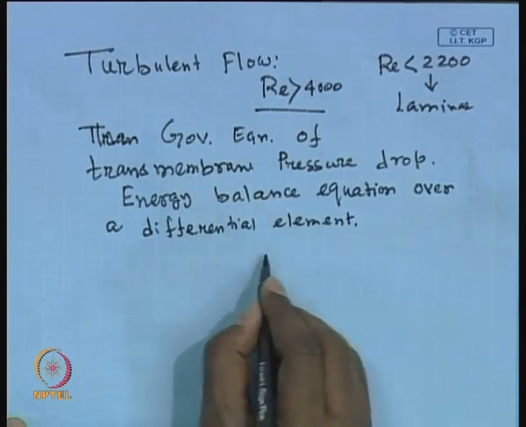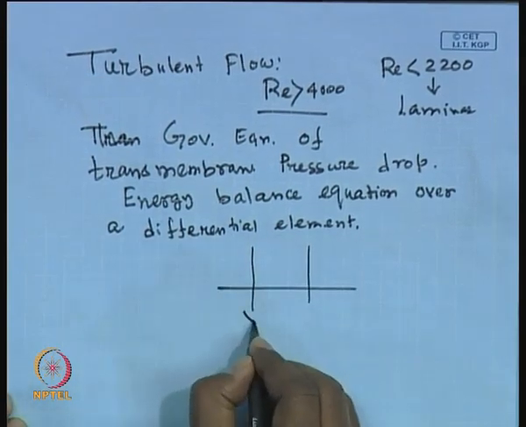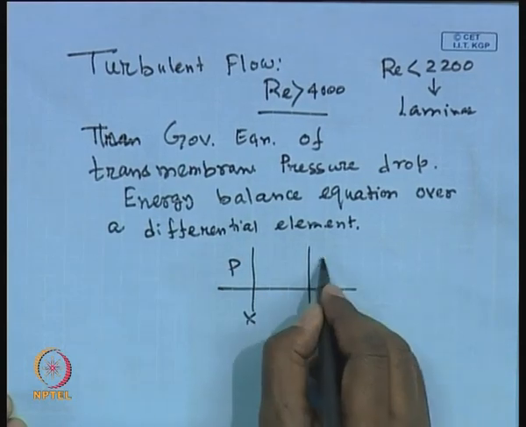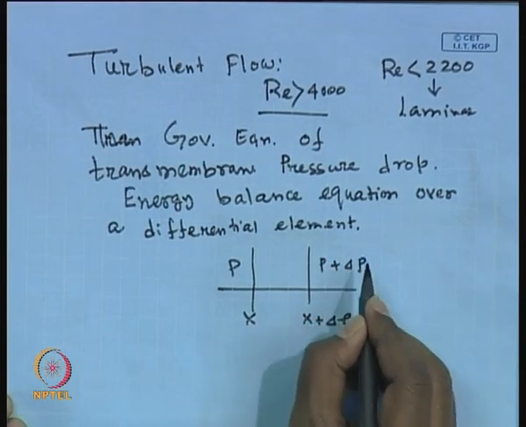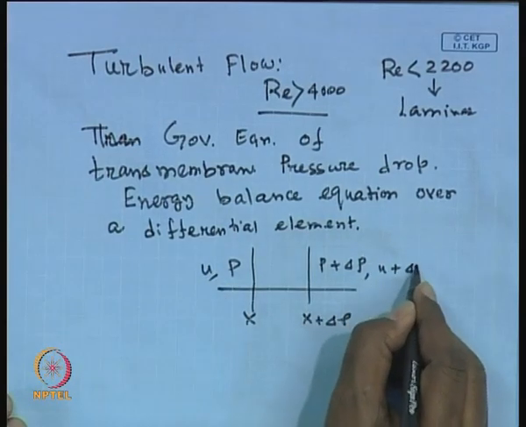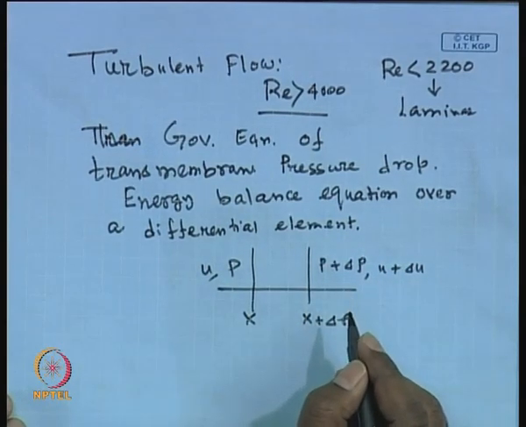Okay. So, that means you are considering an element that is located at x plus delta x, where the pressure becomes P here, this becomes P plus delta P here, and U becomes U and U plus delta U, C becomes C plus delta C, something like that.